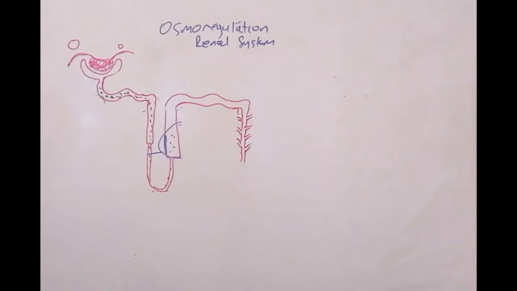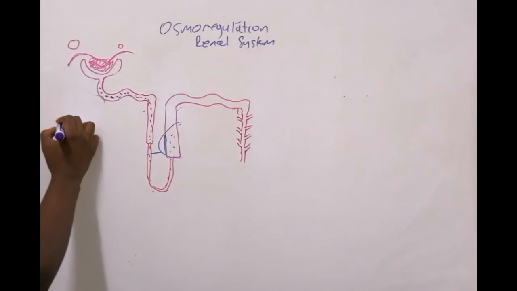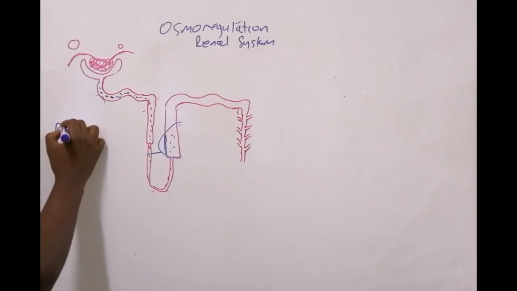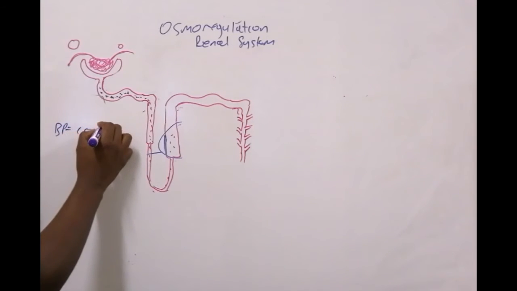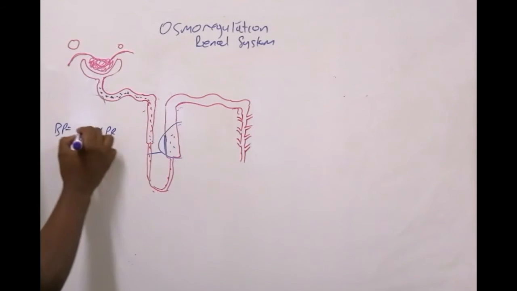And maybe if I can just go back, why do we use diuretics for hypertension? How does it work? How do diuretics decrease blood pressure? Remember, BP equals cardiac output multiplied by peripheral resistance.